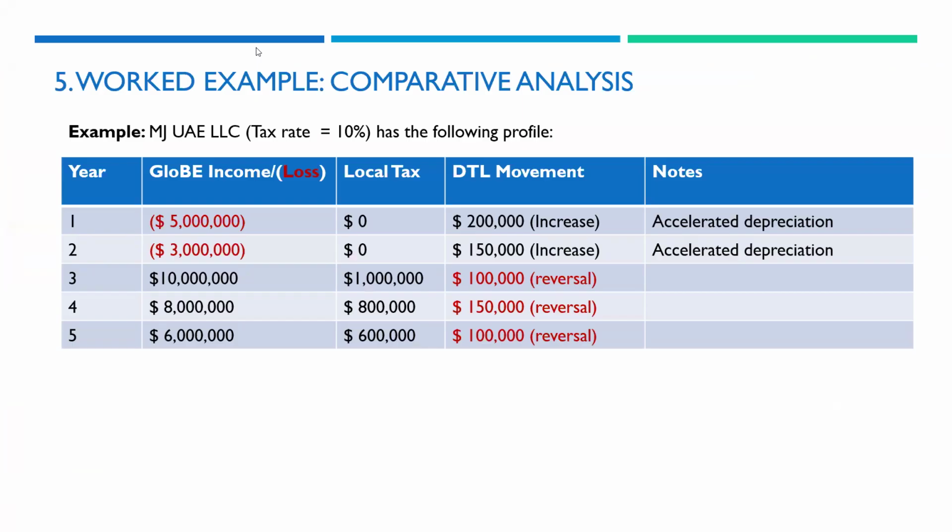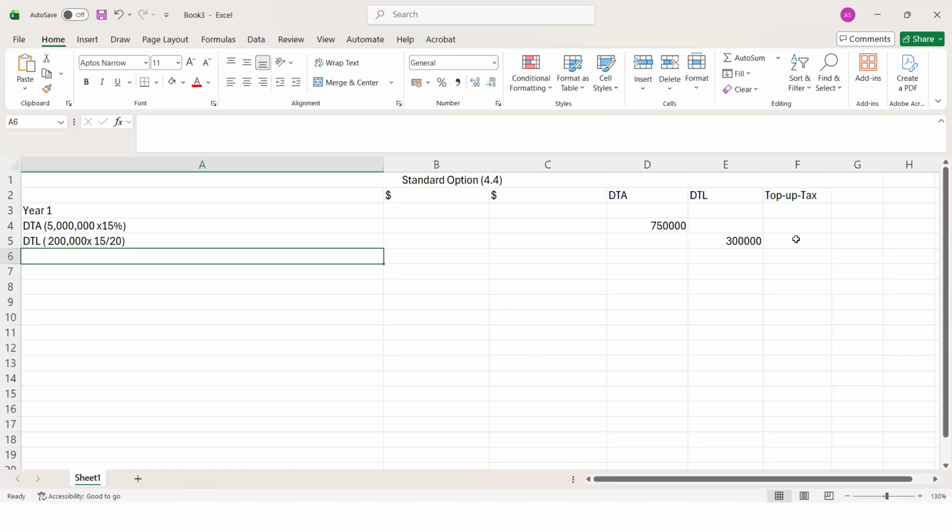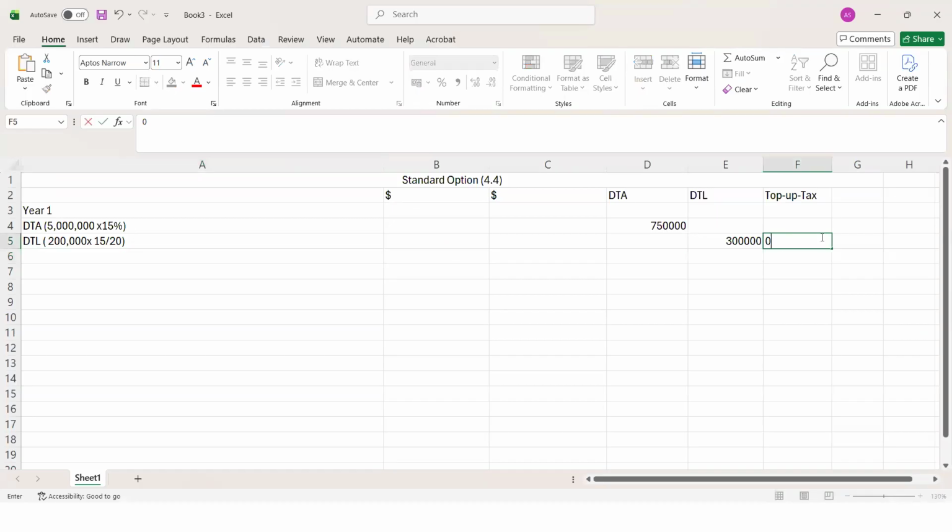First we'll do standard, then we will do globe loss option so that we'll understand what is the difference between both. What is my top up tax? I will not have any top up tax, right, because I am in a globe loss situation. It is going to be zero because I am in a loss situation.